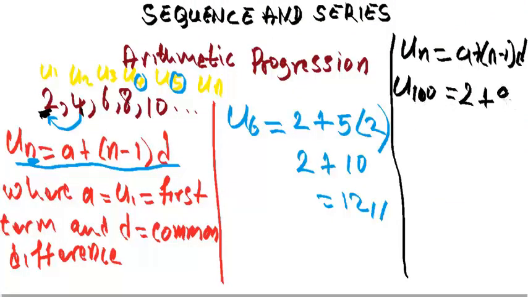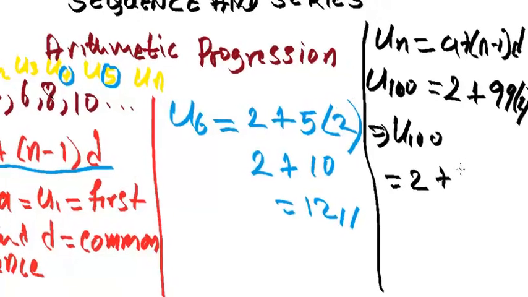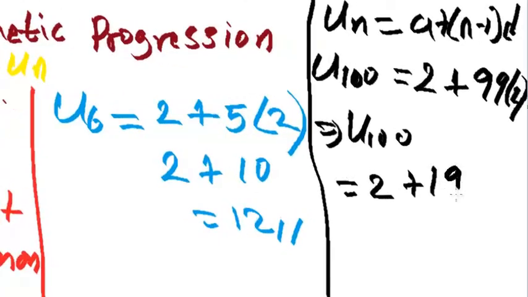Then d is 2. We are getting 2 plus 99 times 2, which is 198. Therefore, plus 2 is giving us 200.